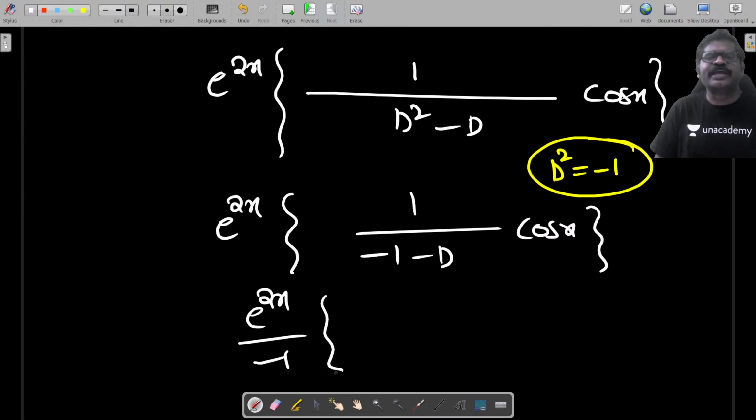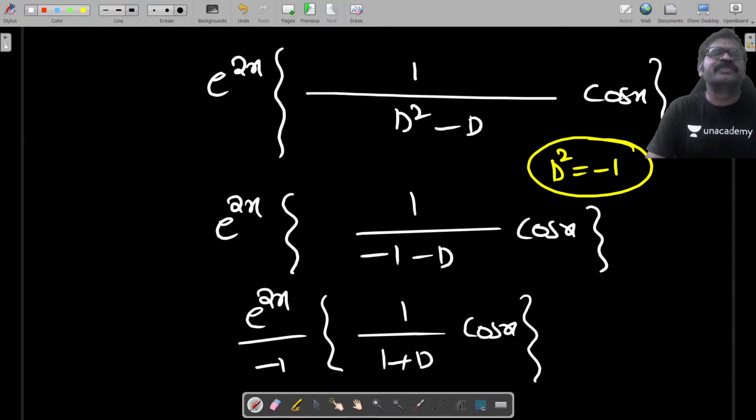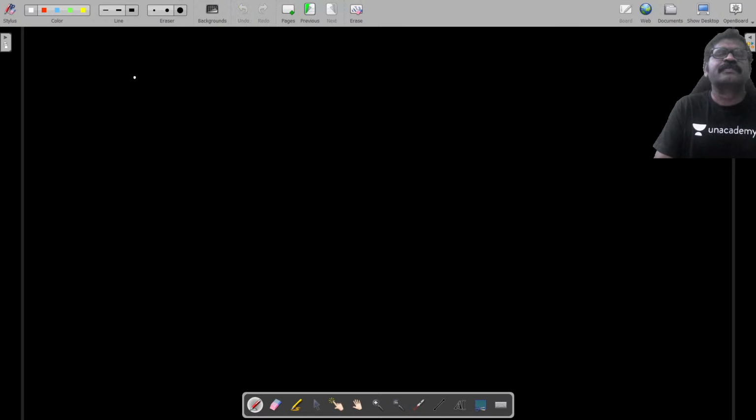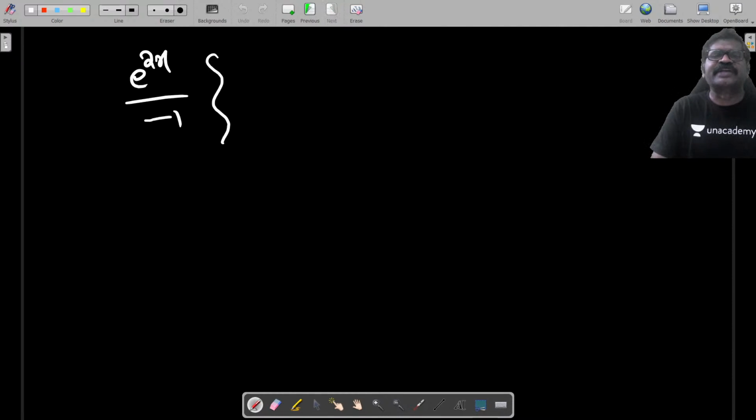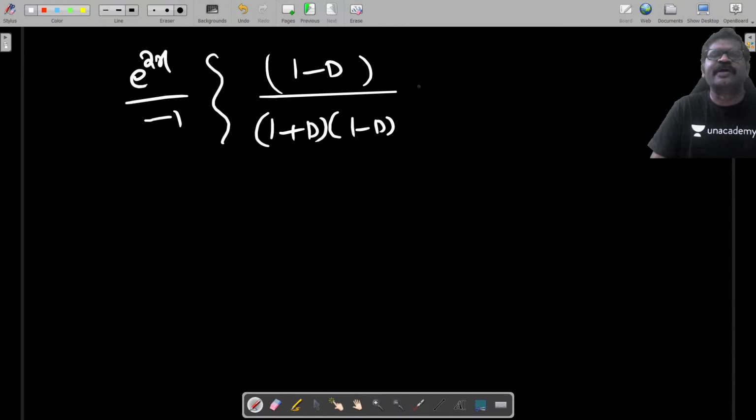E power 2x by minus 1 of 1 by 1 plus D cos x. Now we have to multiply numerator and denominator with 1 minus D. 1 minus D by (1 plus D) into (1 minus D) of cos x.